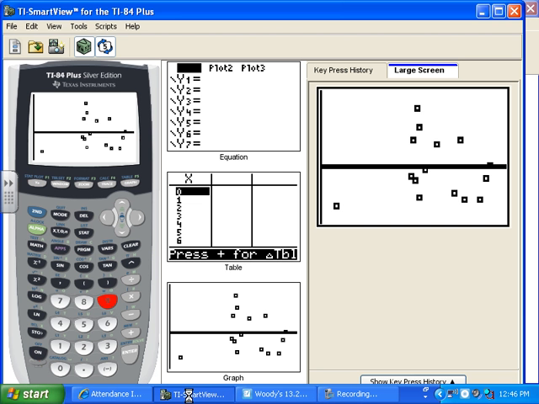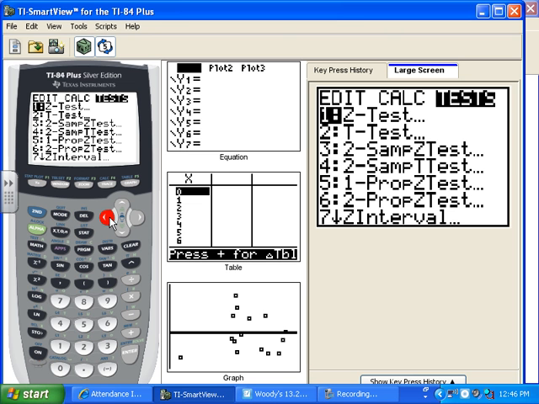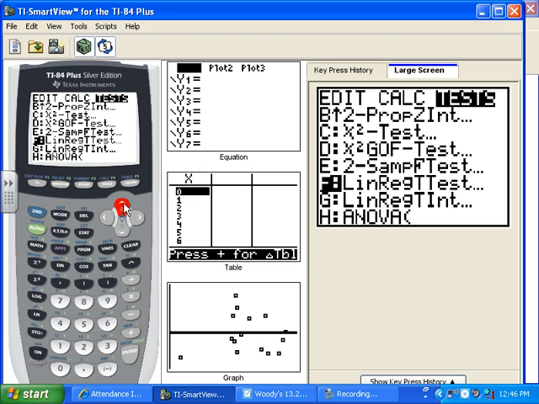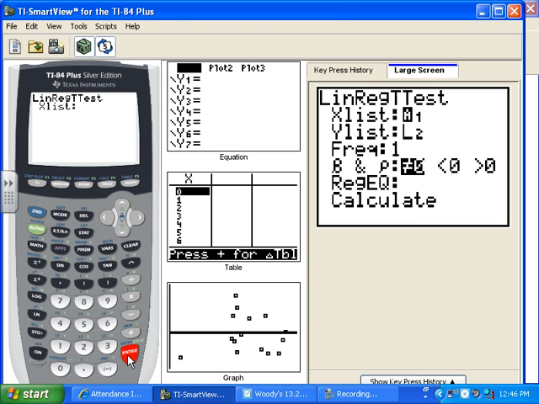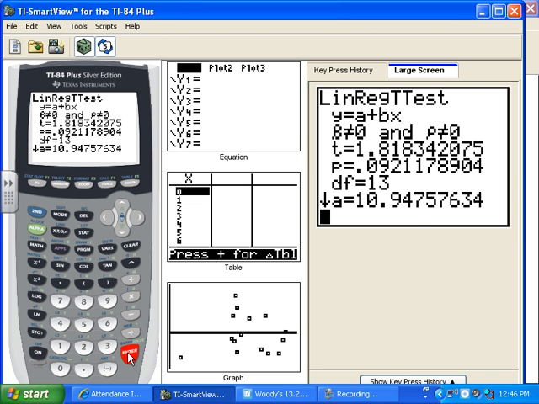Once again, this will be done for you. Stat, test, the linear regression t-test. Not everybody has the interval. List 1 is your x values, list 2 is your y values, frequency is 1. We're looking for not equal to 0. Calculate.